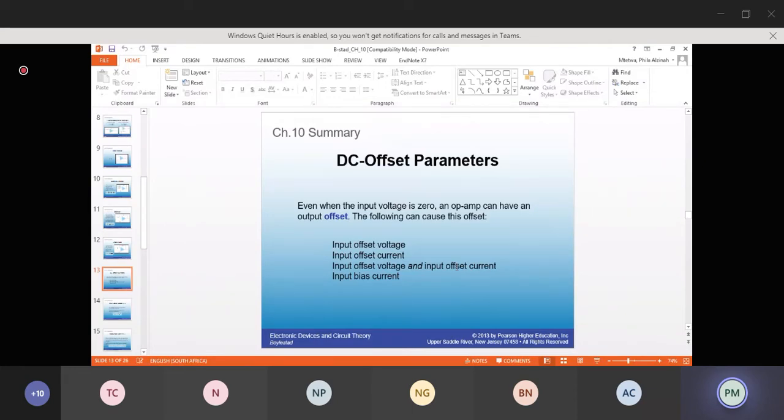We talk of DC offset when we find that it's pushed up or pushed down. Here is a list of the possible causes of offset: input offset voltage, input offset current, and input bias current. Straightforward.